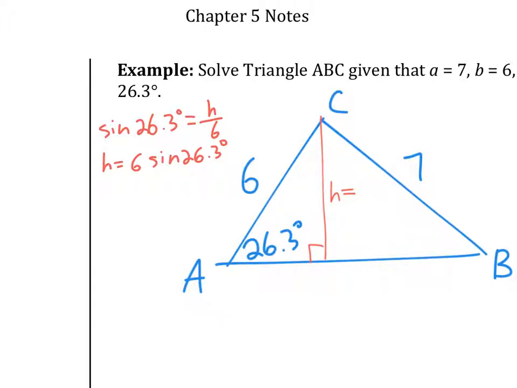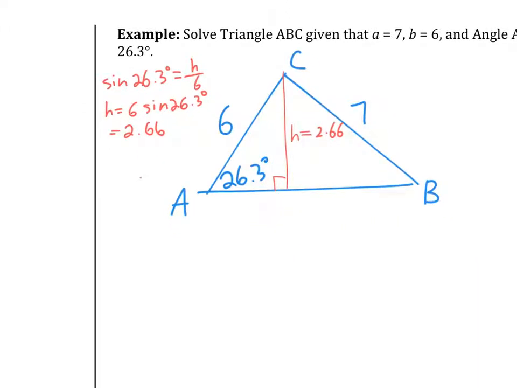Okay, so go ahead and figure out H. Okay, so what value is H? 2.66. So is there any way that the 7 is in between 6 and 2.66? No, no way. So this 7 is actually really long, and it's even longer than AC. So this is the only way to draw this triangle.